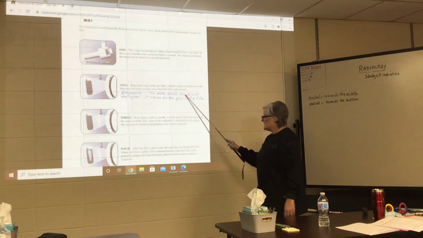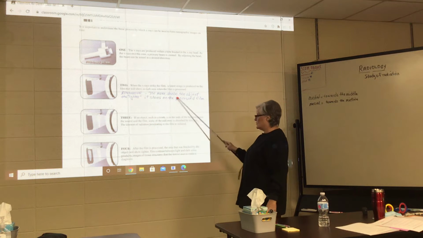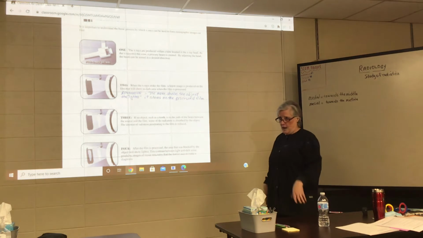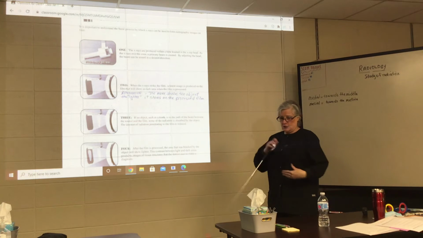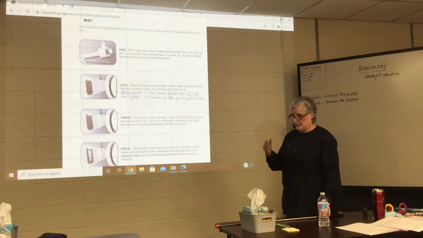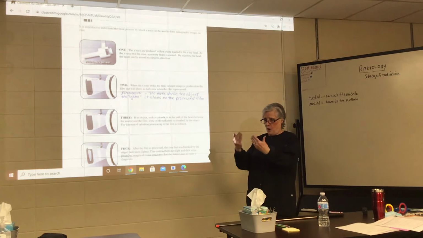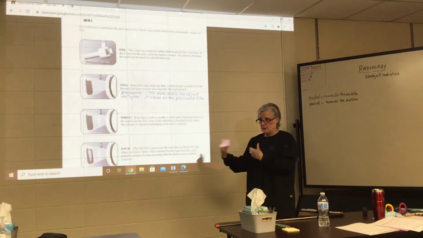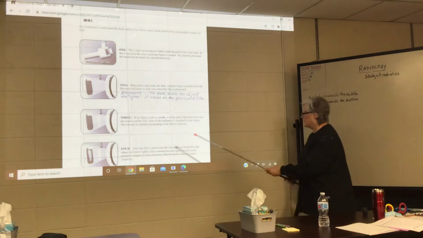The more dense the object, the lighter it shows on the processed film. So if you have an X-ray of a tooth with a gold crown next to a tooth with natural enamel, what's going to be lighter in the X-ray? The gold crown is going to be a lot lighter than the natural tooth, the enamel.